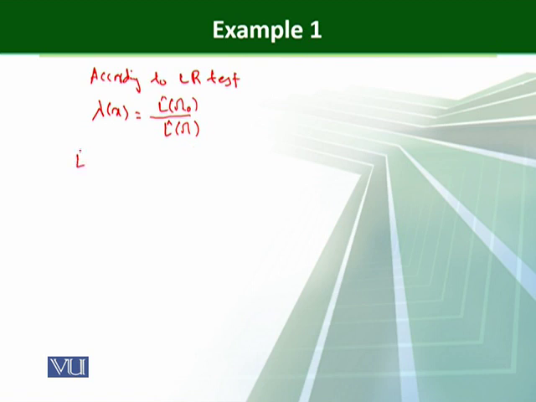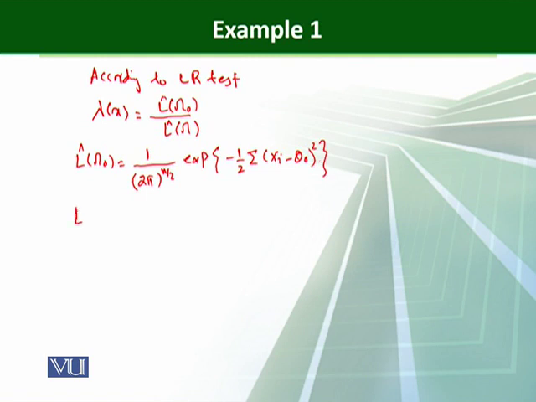Here L hat of gamma naught is equal to 1 over 2 pi raised to power n over 2 into exponential minus 1 by 2 sum of xi minus theta naught squared, because it is based on the null hypothesis.